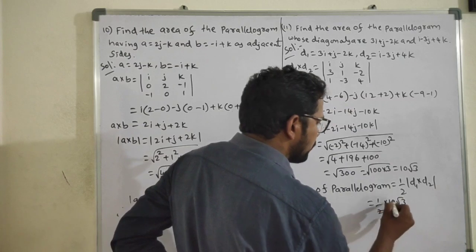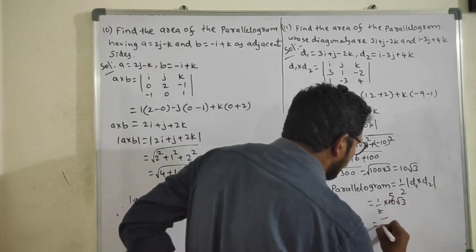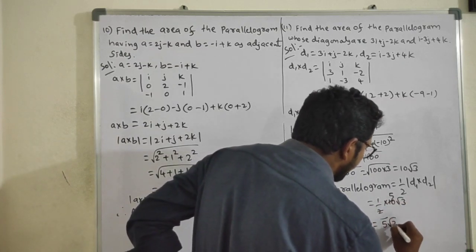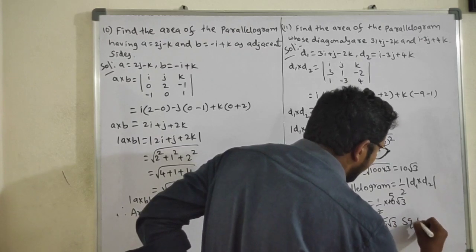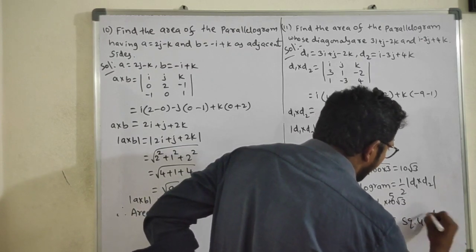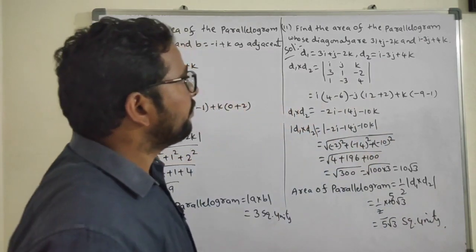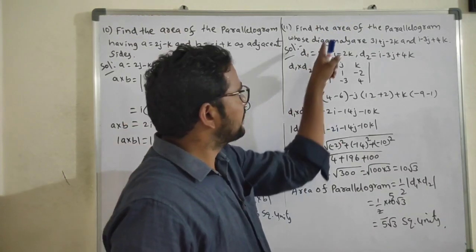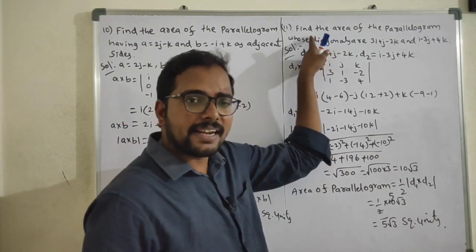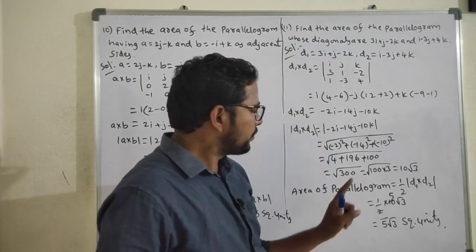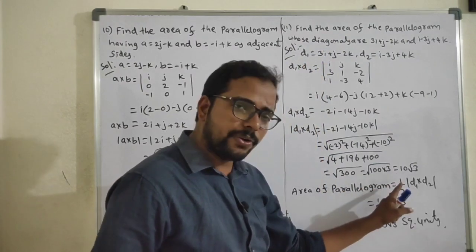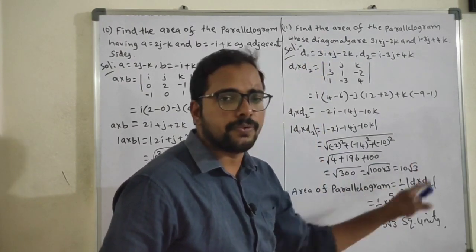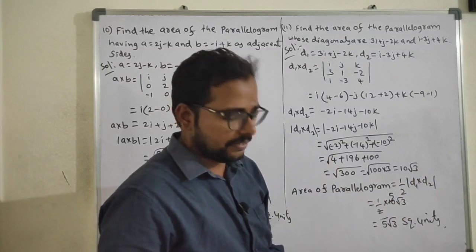So 2 1s are 2, 5 is equal to 5 root 3 square units. This is the area of a parallelogram with diagonals given. Here diagonals are given, so take the given diagonals as d1 and d2. So the area of the parallelogram formula is half into modulus d1 cross d2 when diagonals are given.